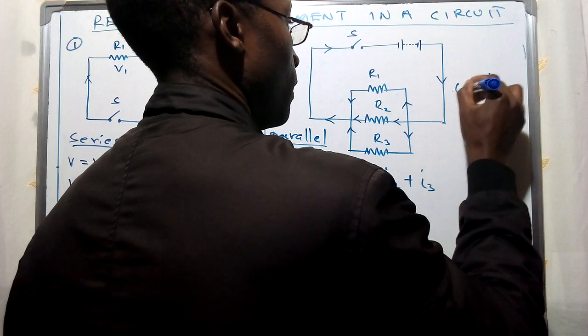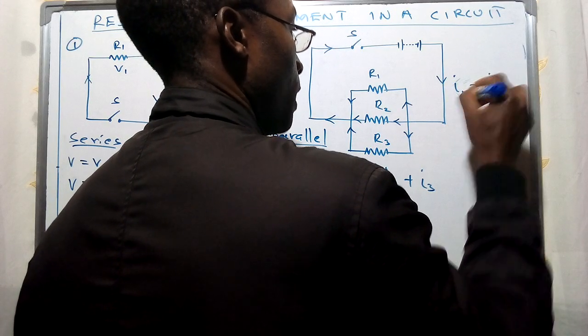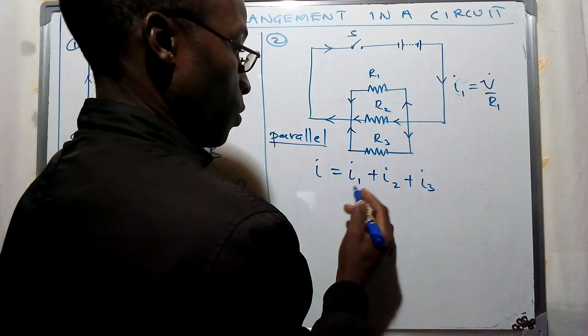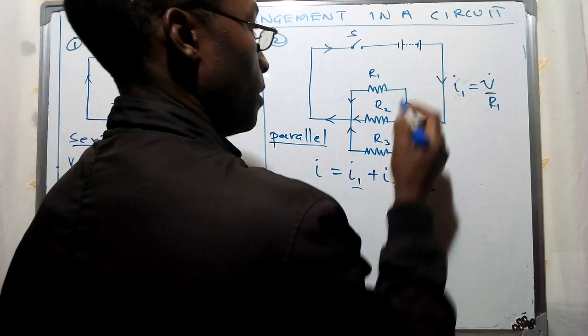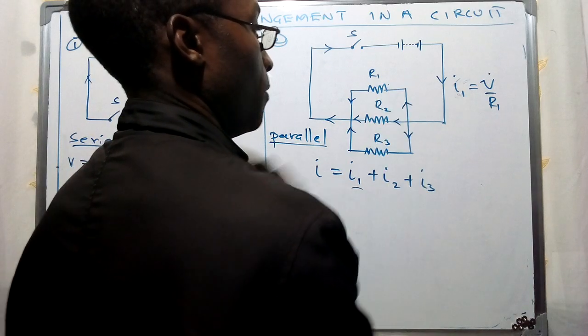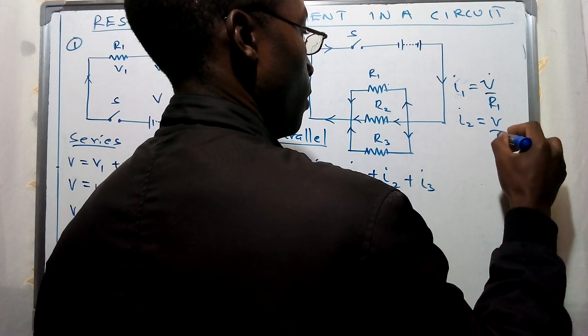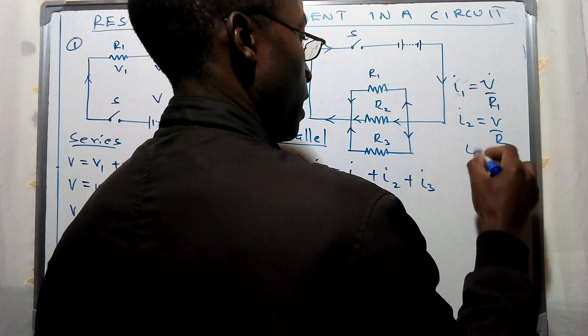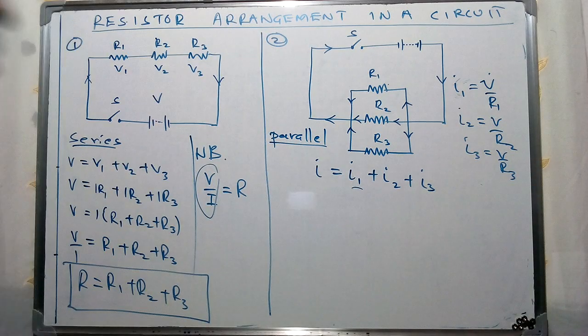So this is going to be I1, the specific current flowing in this specific resistor. So we're going to have I2 given in terms of V over R2, and of course I3 given in terms of V over R3 in that specific order.